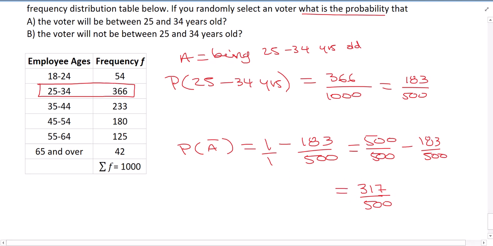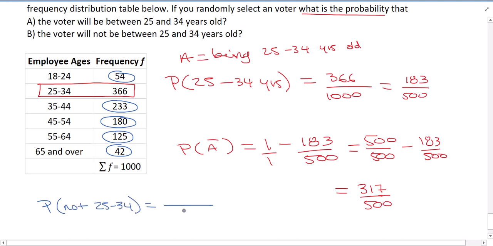And notice that if you add up 54, 233, 180, 125, and then 42, so not 25 to 34, and then divide by 1,000, you will get 634 over 1,000. Then you have to reduce that, and once you reduce it, you get 317 over 500.